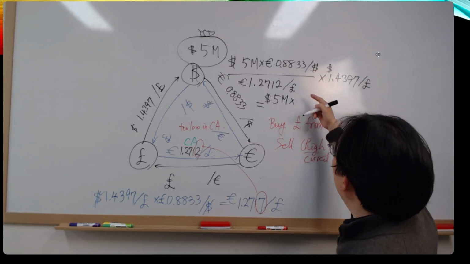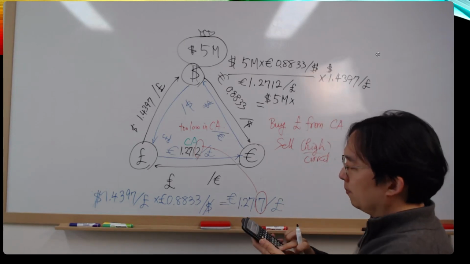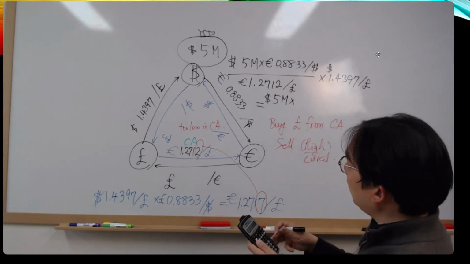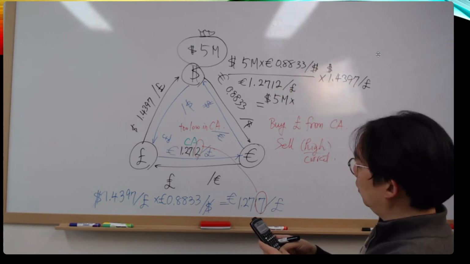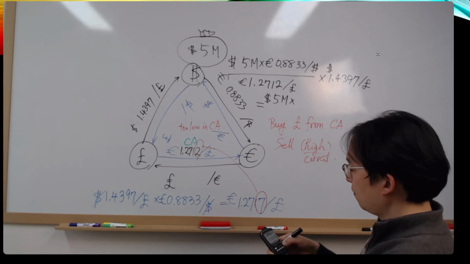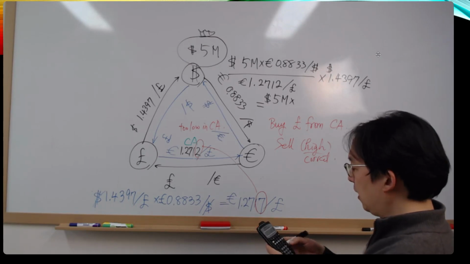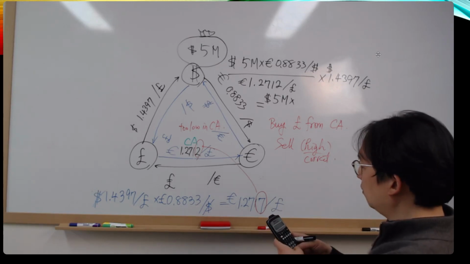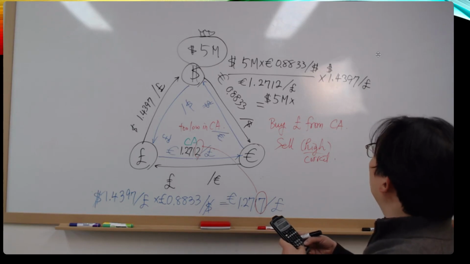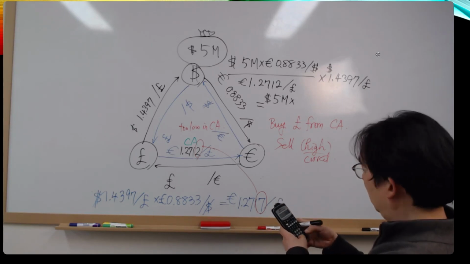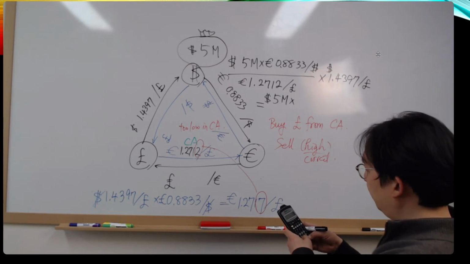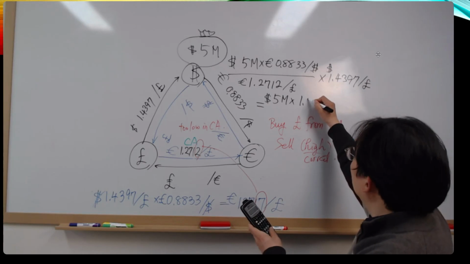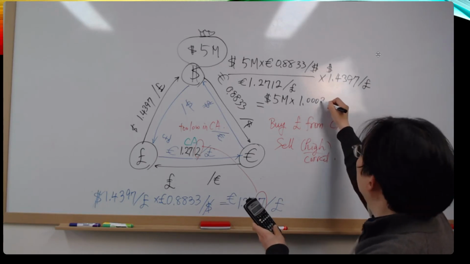So 0.8833 divided by 1.2712, and then times 1.4397. That gives me 1.00038.